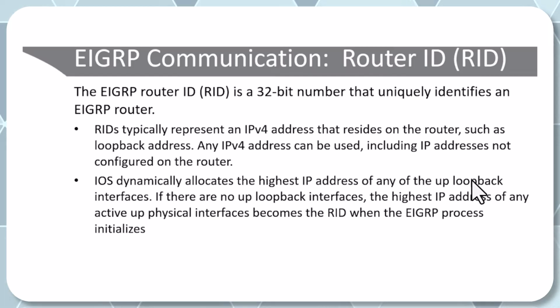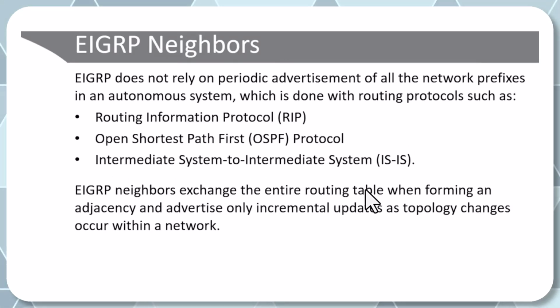For example, you have 1.1.1.1 and then you have 2.2.2.2. By default, it will take 2.2.2.2 as the router ID. If there are no loopback interfaces, the highest IP address of an active physical interface becomes the router ID when the EIGRP process is initialized. But it is not recommended. You should have the loopback address because it will not go down.